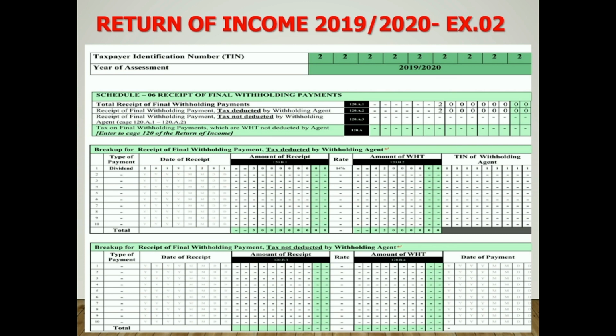So if the withholding agent has not deducted withholding on dividend income, you can use subschedule 2, and the relevant payment should also be available in the first page of the return, that is cage number 120.